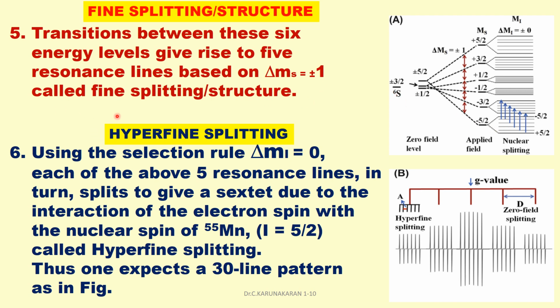Okay. Now let us see what is called hyperfine splitting. There are 1, 2, 3, 4, 5 lines. Zero field splitting is obtained from this.